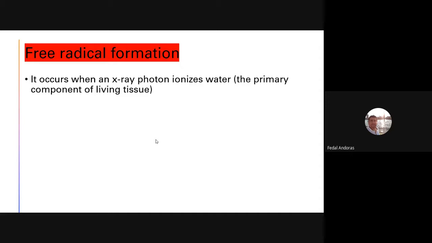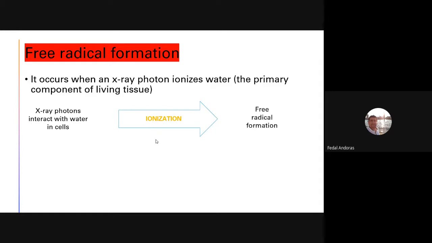It occurs when any X-ray photon ionizes water, the primary component of living tissue. So X-ray photons interact with water in cells, ionization will happen, and free radicals will form. I don't know if you remember what I mean by free radical. Now with this next example, you will understand it.